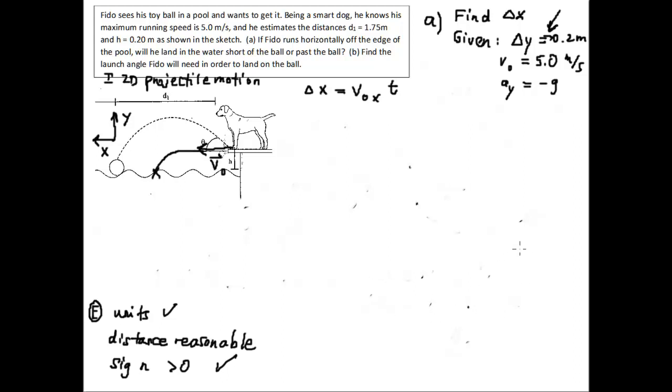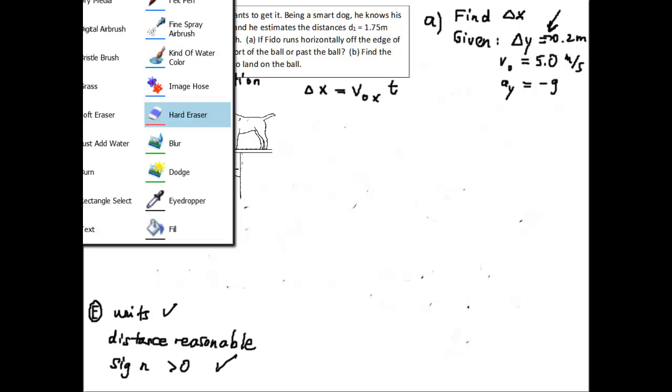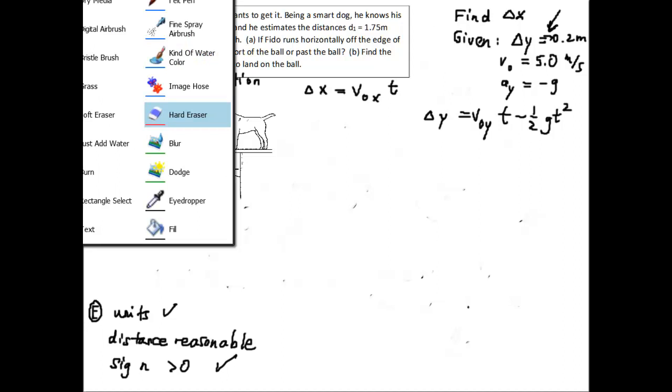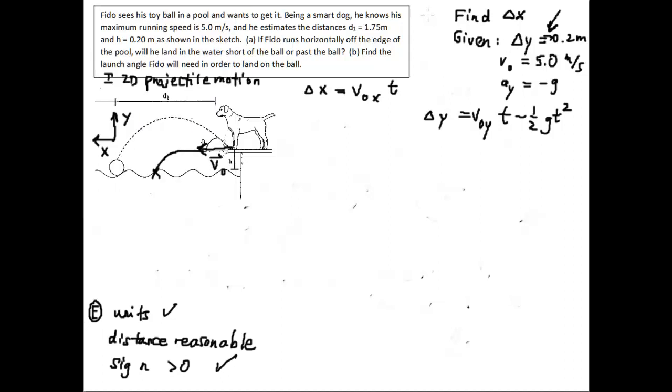So we have the delta x equation up here. The delta y equation is, I got to go back to the pen now, delta y is v0y t minus half g t squared. And so let me just fix this up a little bit. Now we're working on part B, and in part B we don't want to find delta x, we want to find theta.